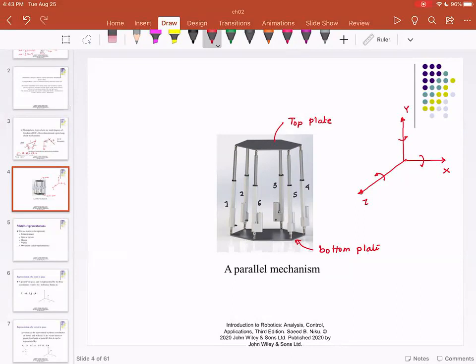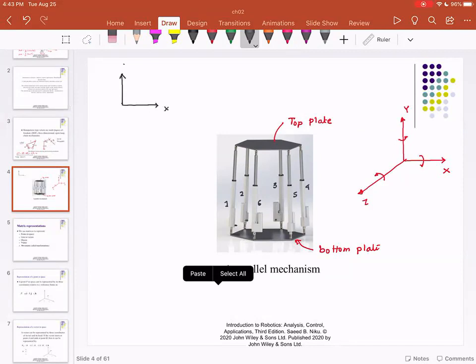Now, one thing I want to discuss at this point is, let me introduce you to the basic coordinate system. I know most of you probably know this, but consider a Cartesian coordinate system.